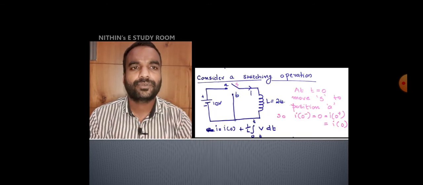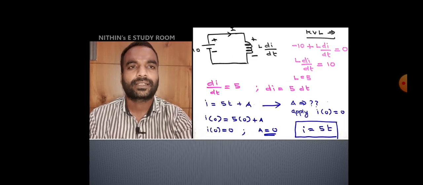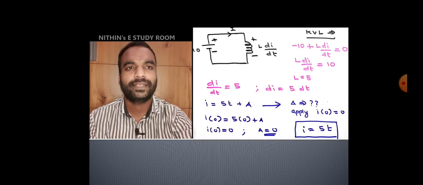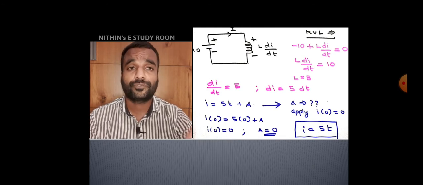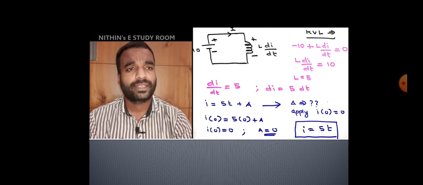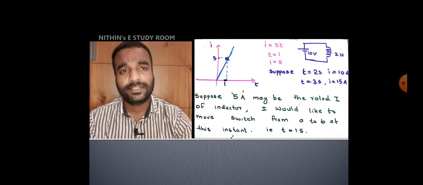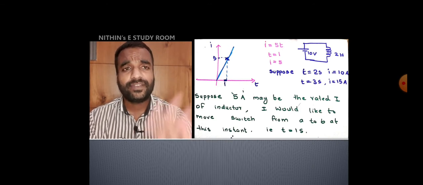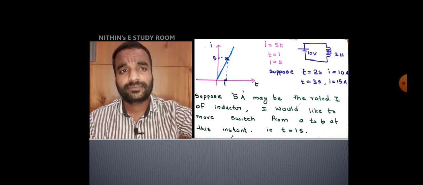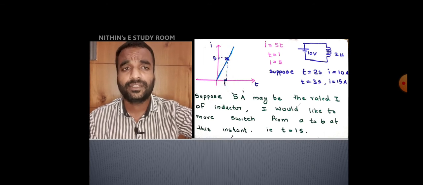For that you did this circuit. In this circuit, initially you are connecting it to position A. Position A means a 10 volt DC source is connected to an inductor of 2 Henry. Finally you will get I is equal to 5t. That means here also the current is ramping with a constant slope of 5. Suppose 5 is the rated current of this inductor, you will get T safe as 1 second.